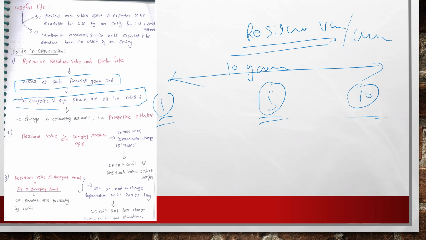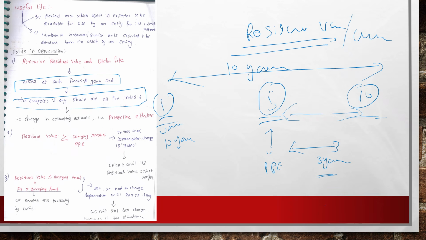Suppose in the first year you calculated the useful life as 10 years, and then in the 5th year you see the PPE's condition. You analyze that you are able to use it for the next 3 years only. So instead of the remaining 5 years, you are able to use it for 3 years only.